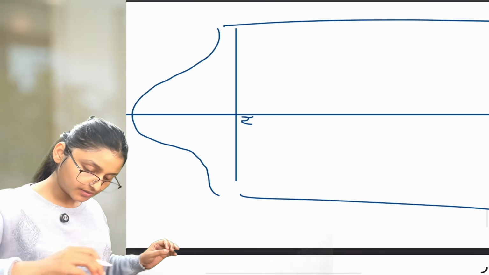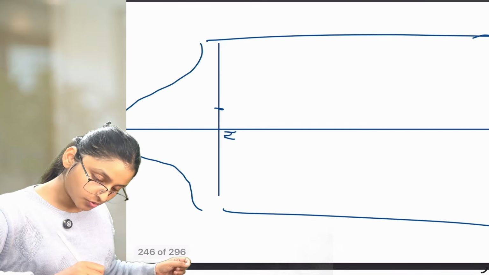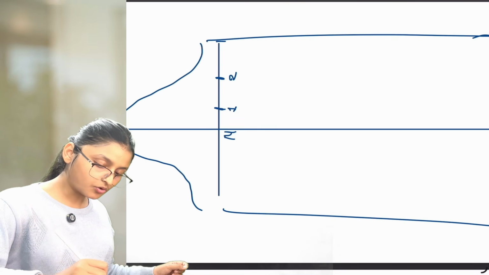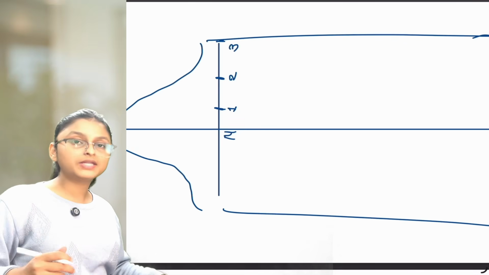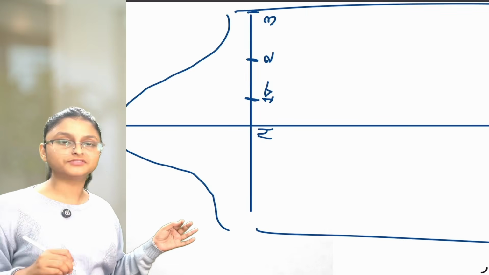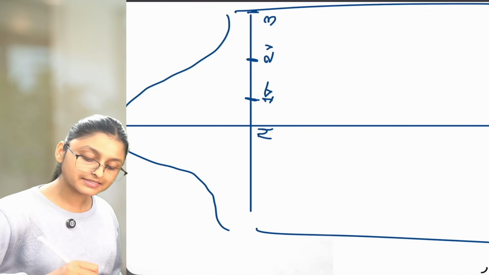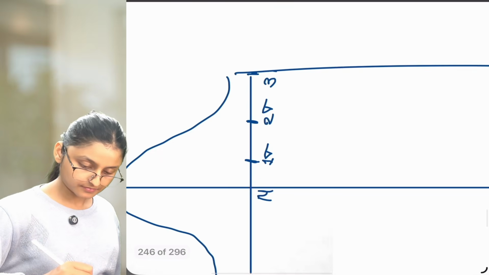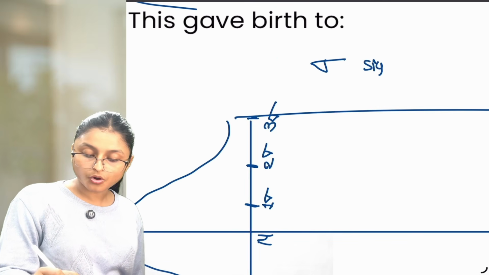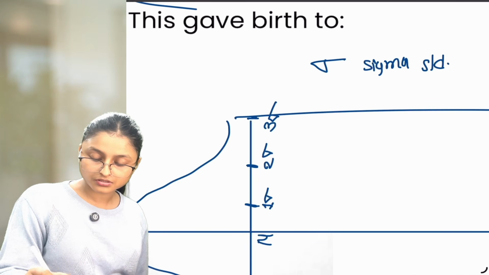So if I go one variation this side, or two variation this side, or three variation this side, how will I denote the variation? To denote variation, we use the standard deviation sign, which is also known as sigma.